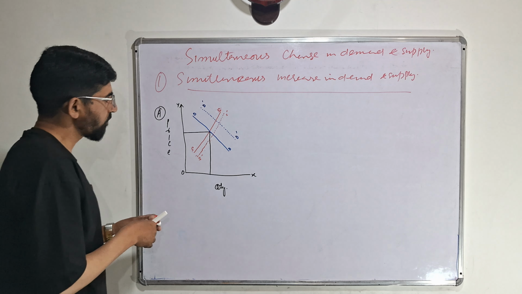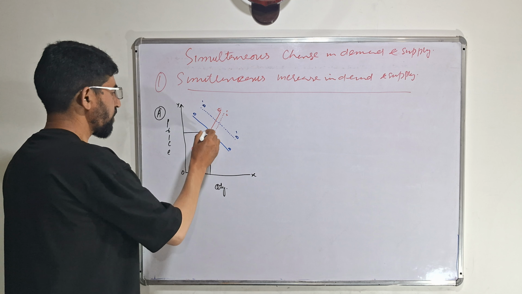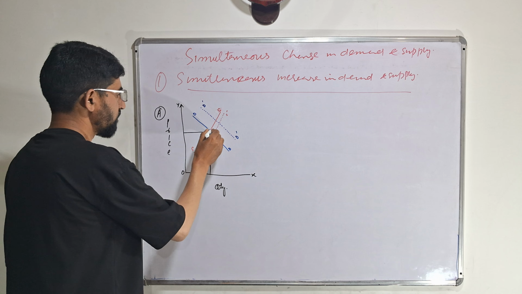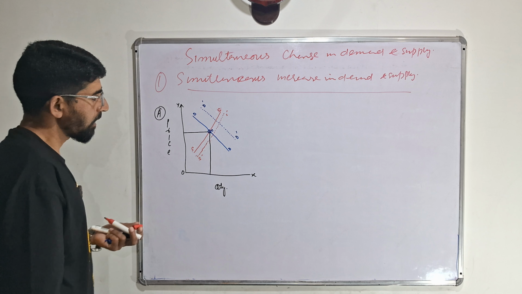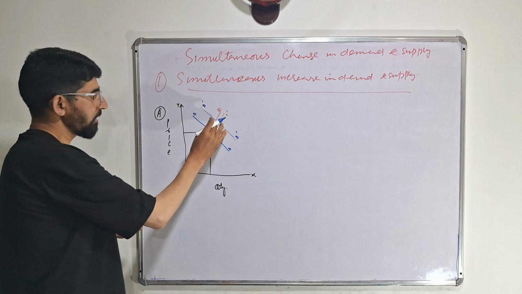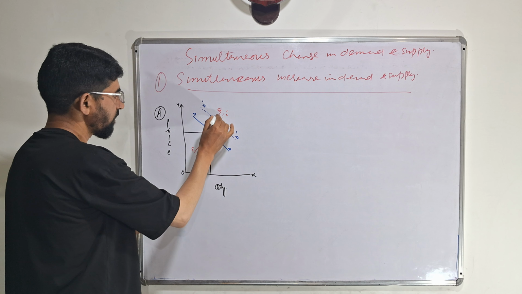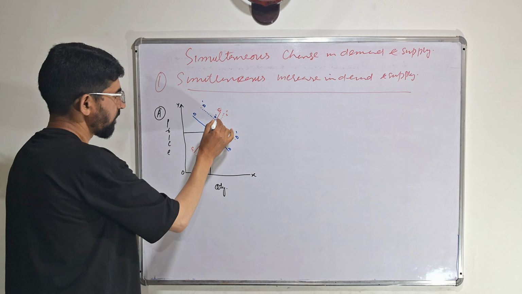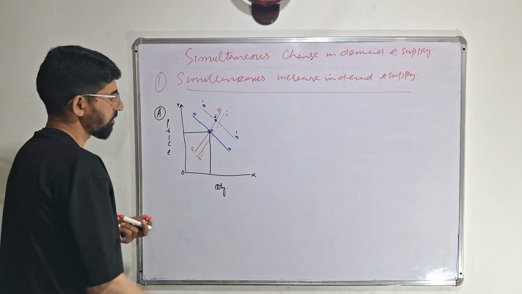This is equilibrium point E. When demand increases, we reach E1, E dash, the second equilibrium point.